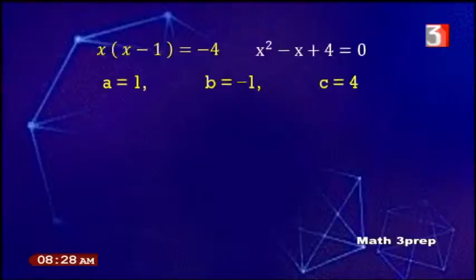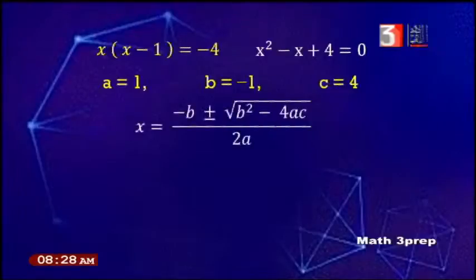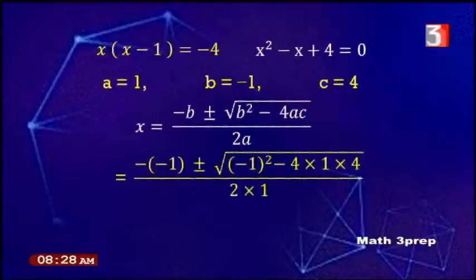By substituting, to find the value of x by using the rule negative b, positive or negative, square root b squared minus 4ac over 2a. It is negative of negative 1, positive or negative, square root negative 1 to the power of 2 minus 4 times 1 times 4 over 2 times 1.